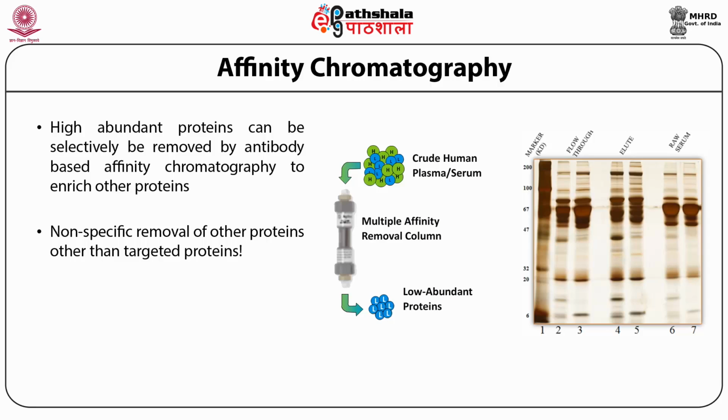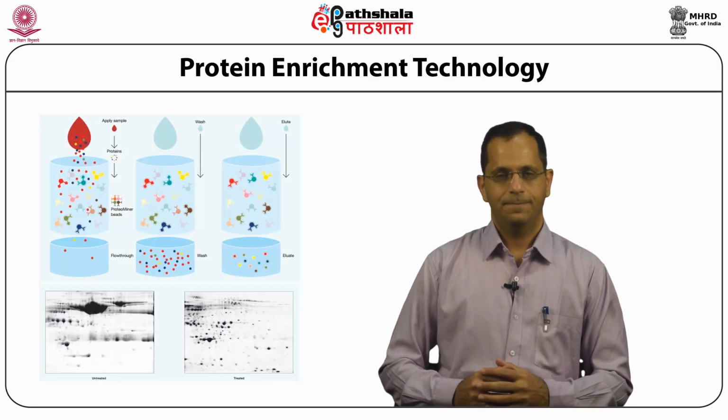That is because you have a removal of the high abundant proteins, and because of the removal of this particular noise, you are able to now have a better resolution and the appearance of these proteins as bands for protein profiling.